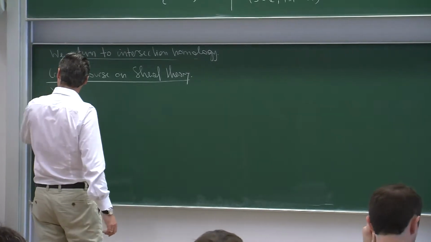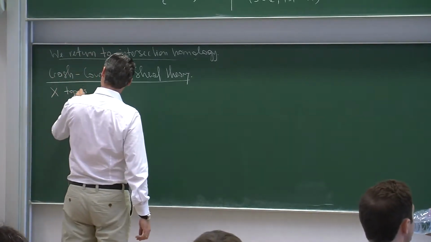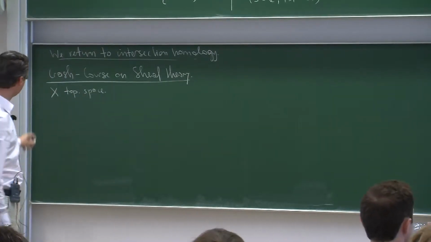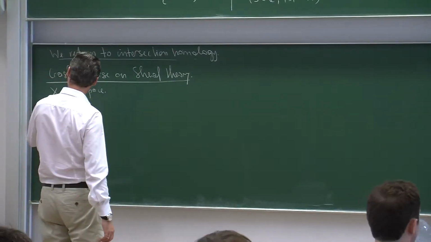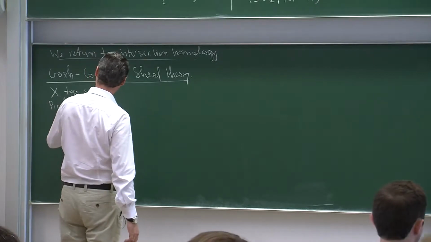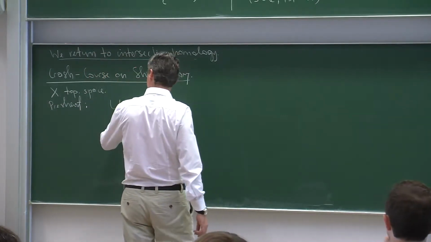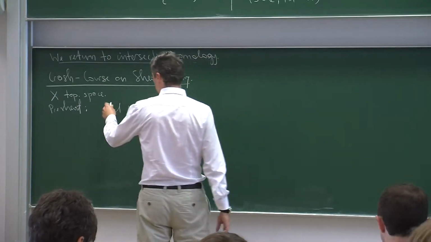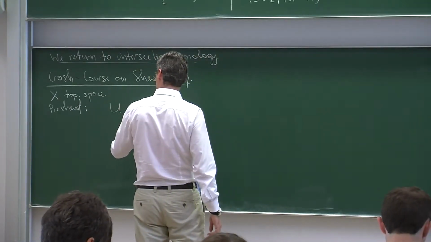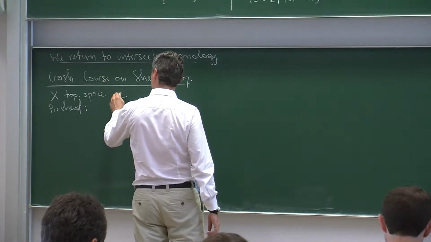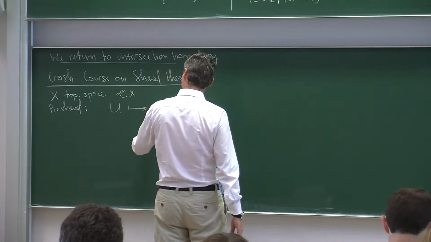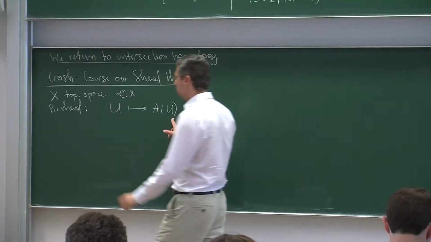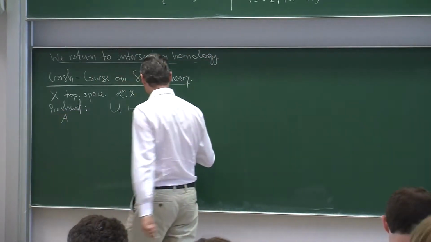So X is just a topological space to begin with. Now, what is a pre-sheaf on X? It's a system which assigns to every open subset U of X a group or a vector space or a ring, A of U, and then the pre-sheaf is called A. Right?